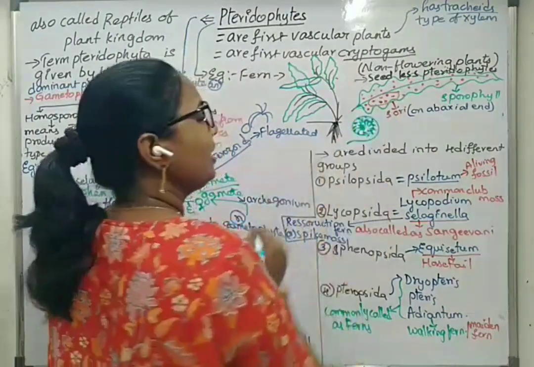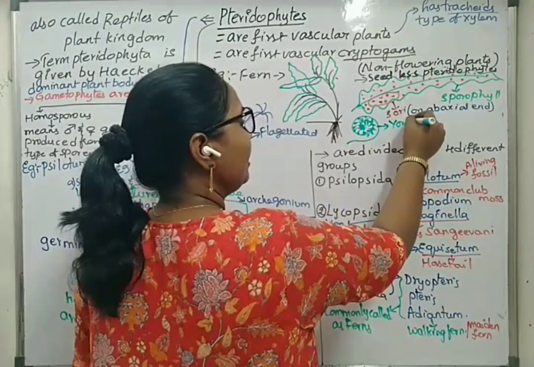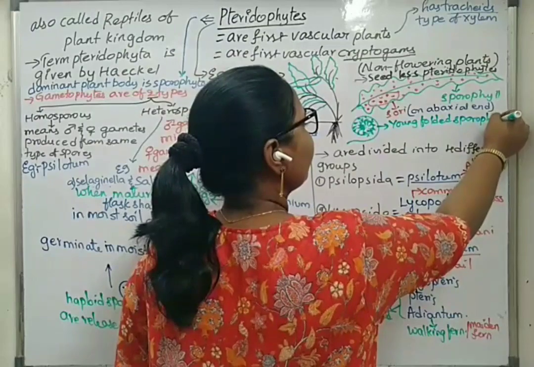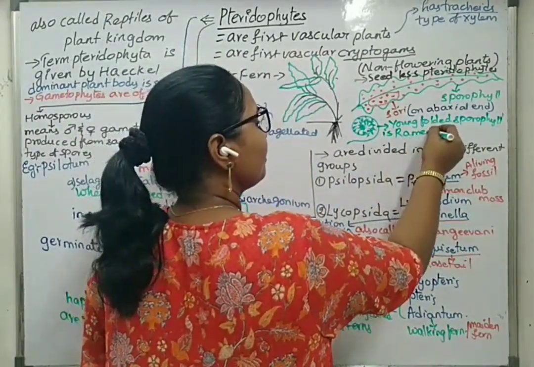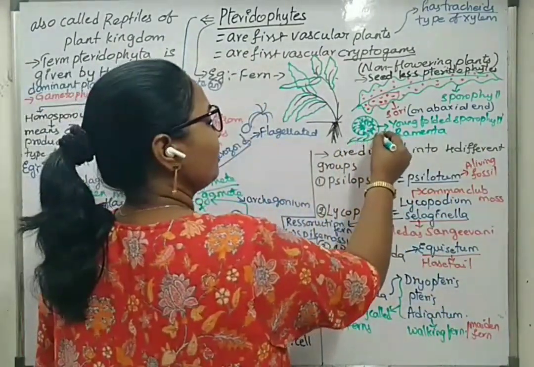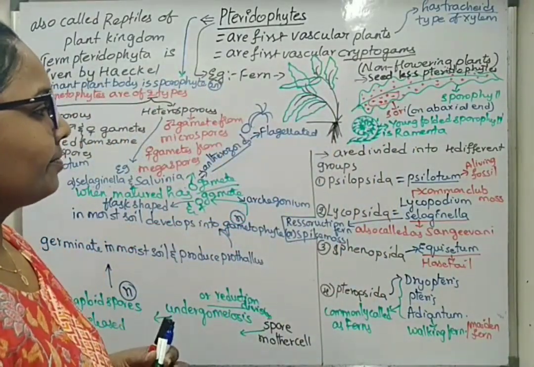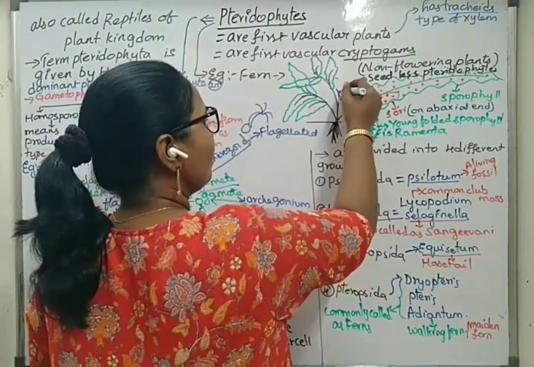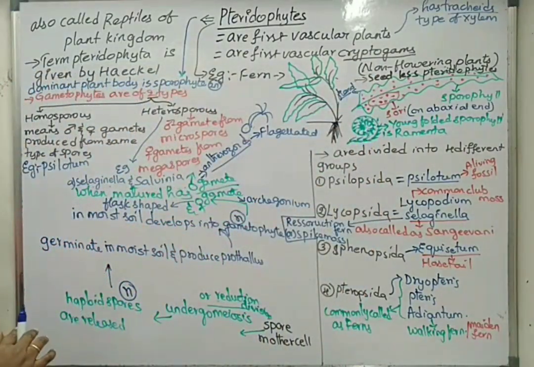At this stage, we call it the young folded sporophyll, also termed ramenta. Such ramenta is seen in ferns. Normally we can say these sporophylls are fronds, another term for the leaf-like structure. So these are important terms related to pteridophytes.